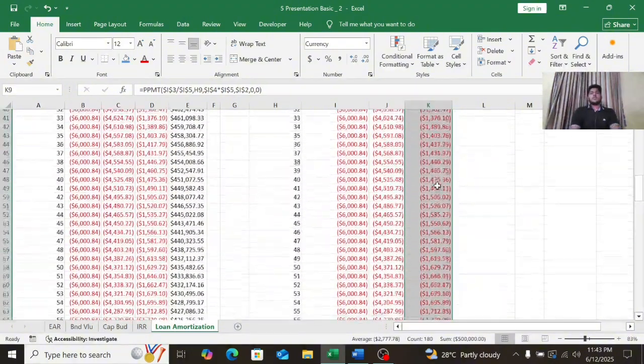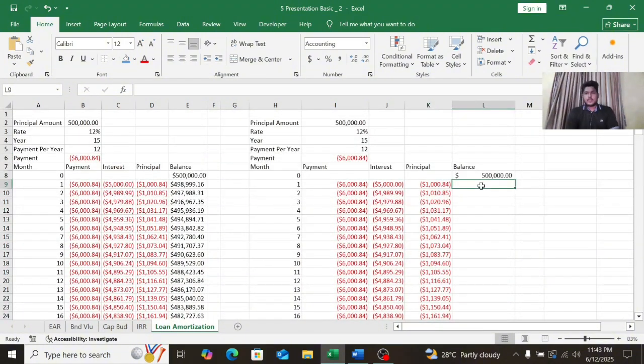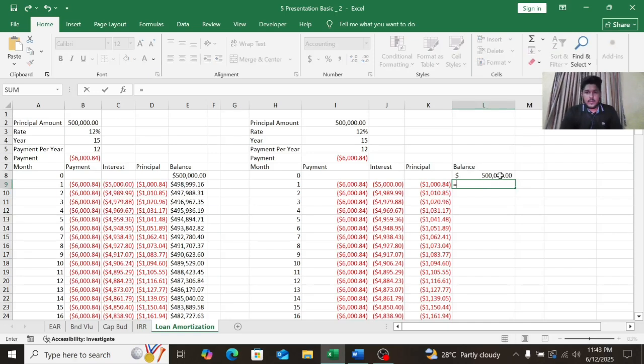Now we are going to make our balance. What is the balance after every payment we make? For this we have to use a formula. We're going to subtract this one, so I'm going to use the minus sign with this one.